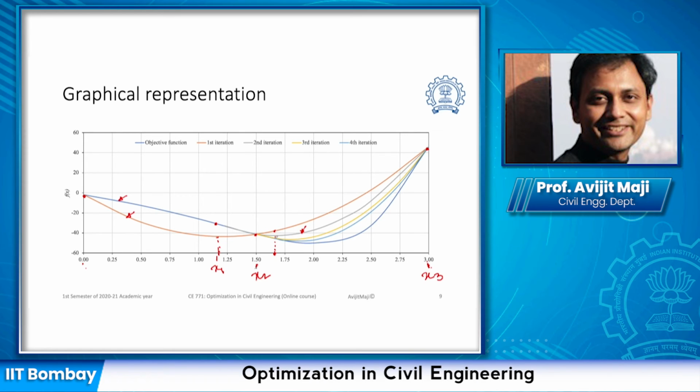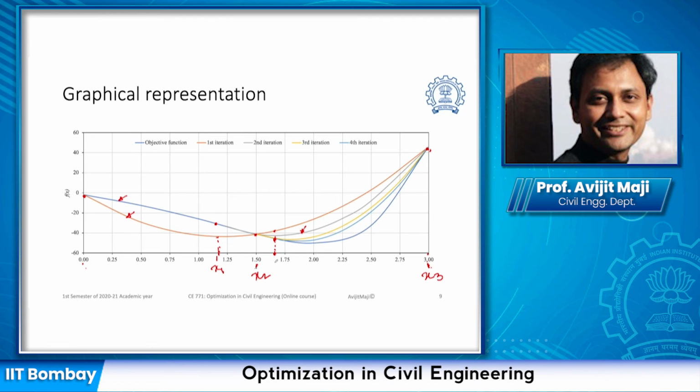So the better objective function value is now here, and the bracketing points of this point are going to be this and this, which is here.